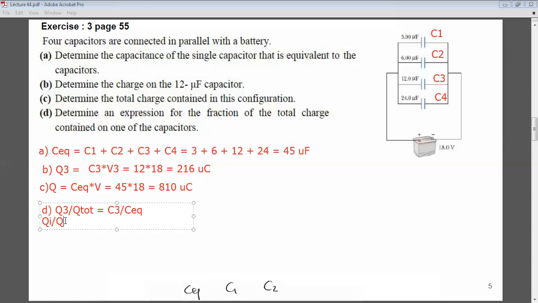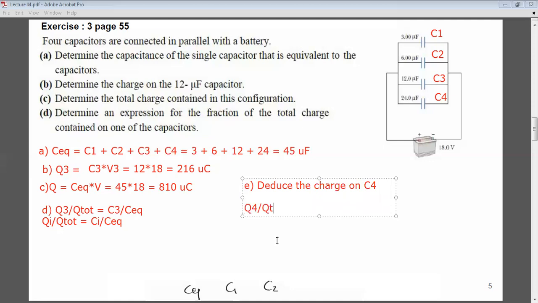So Qi by Q total is equal to Ci divided by C equivalent. If there is an additional question here, E, deduce the charge on C4. Since I have to deduce, then I have to use part D. So I have to say Q4 over Q total.